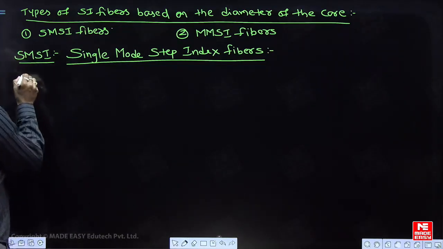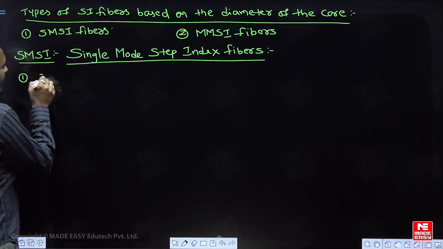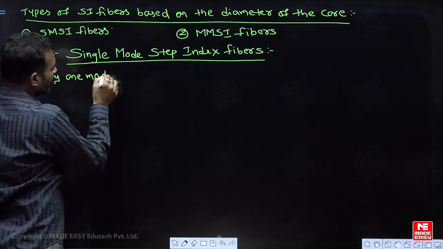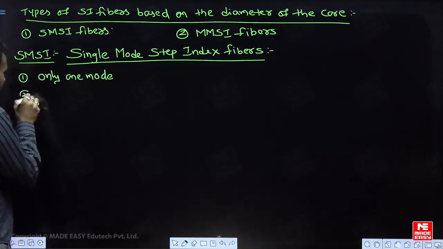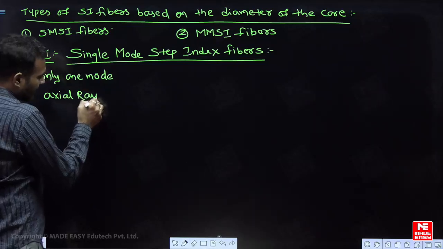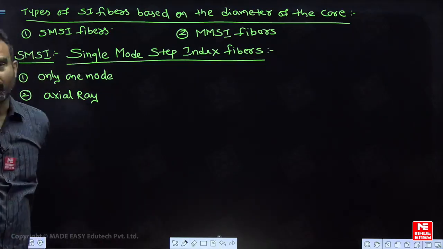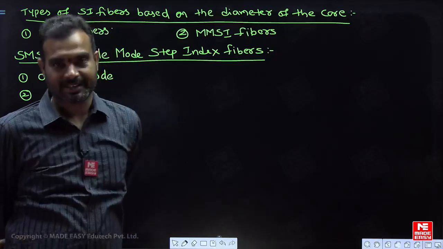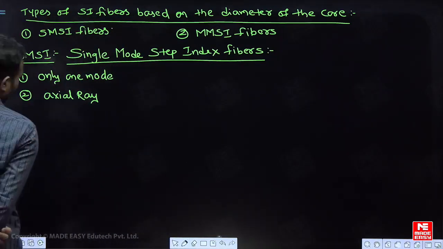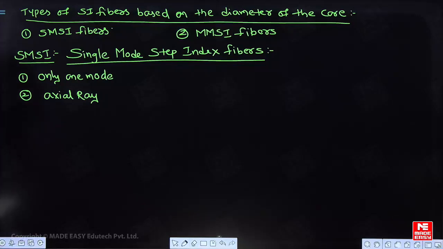In a single mode step index fiber, the name itself indicates that only one mode will propagate, and that mode passes through the axial ray. We studied three types of rays: meridional, axial and skew rays. Now it is going to pass as an axial ray. Only one mode is present. Actually, mode means path.